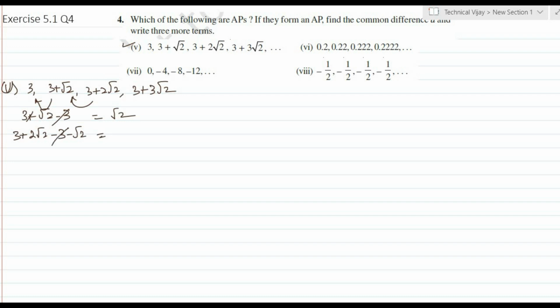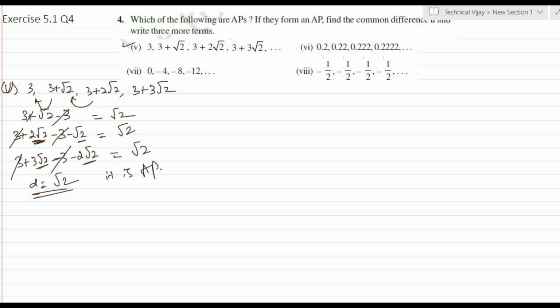So minus 3 plus 3 cancels, and 2 root 2 minus root 2 leaves root 2 only. Again, 3 plus 3 root 2 minus of 3 plus 2 root 2, the 3 cancels, 3 root 2 minus 2 root 2 is equal to root 2 only. So D is equal to root 2, and it is the same, so it is AP.